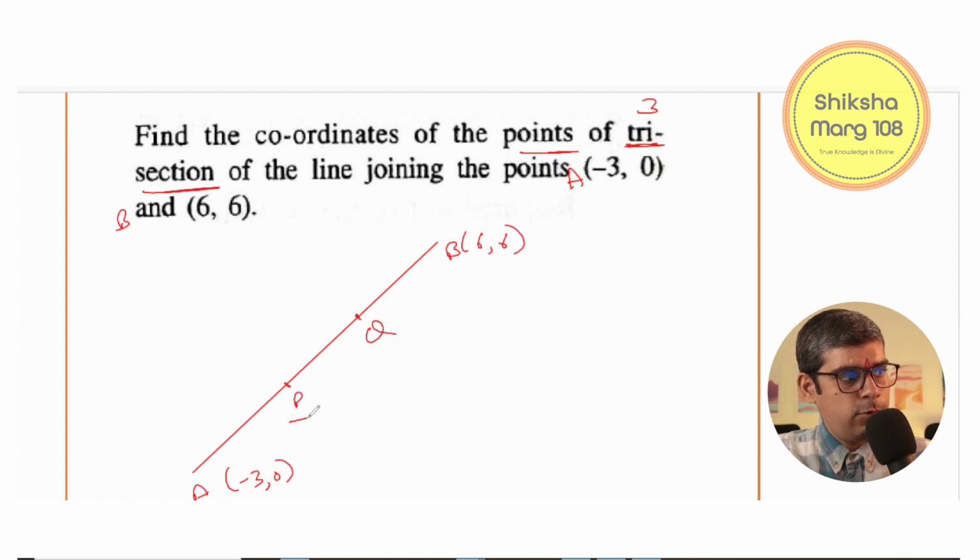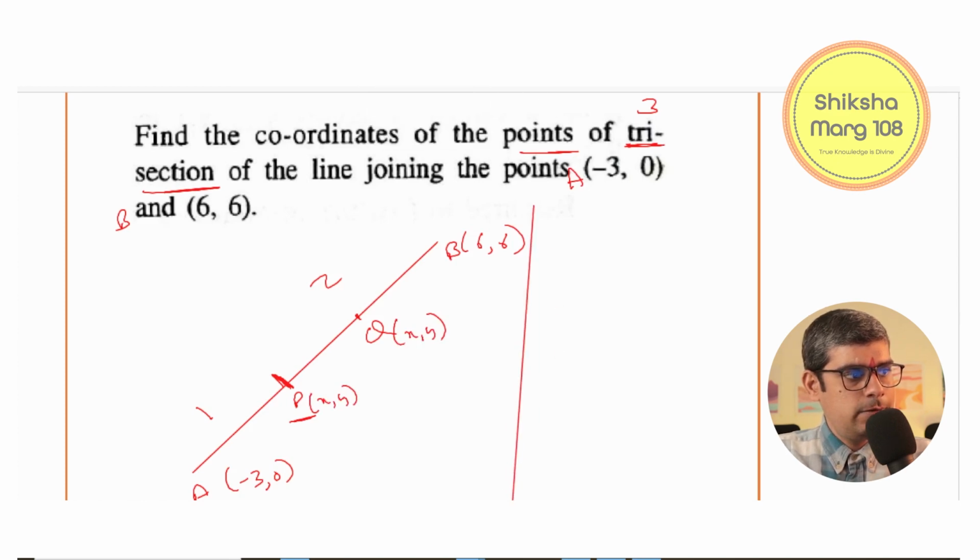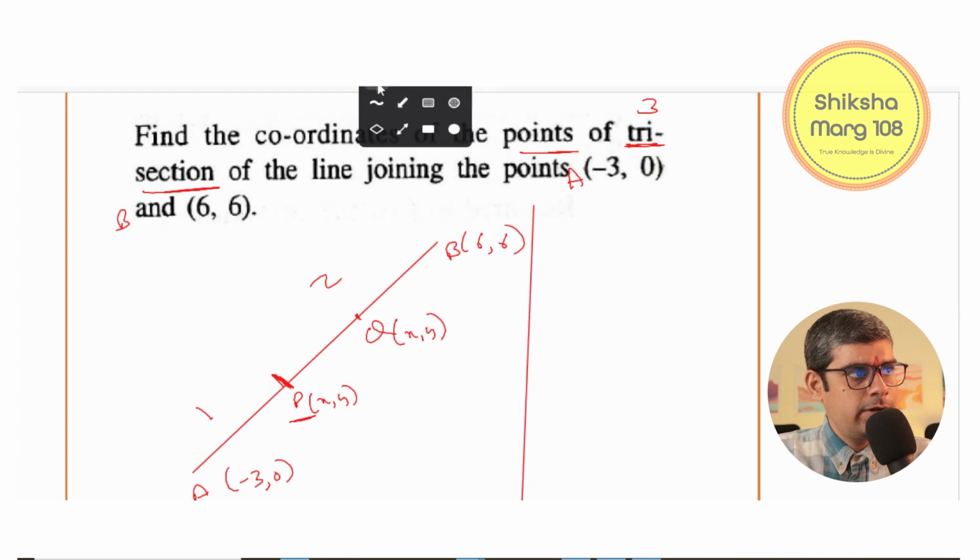So if I'm taking point P, the ratio would be 1 and these two parts 2. So if I start with point P, m is 1, n is 2. Let's do that real quickly. It asks us to find the coordinates of P(x, y) and then Q(x, y) as well. Just draw a demarcation line over here for us to solve things quickly.